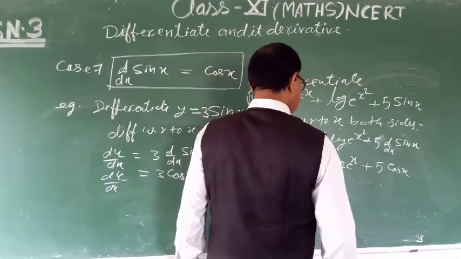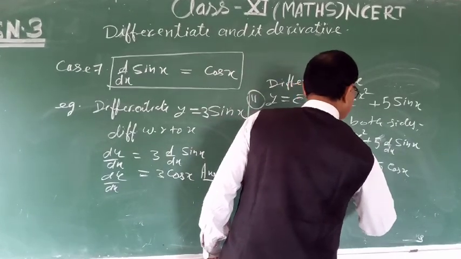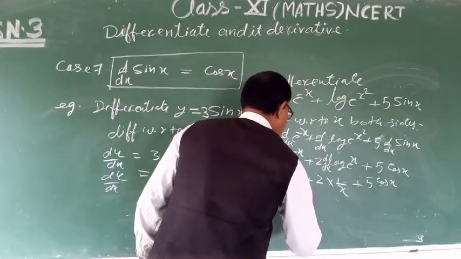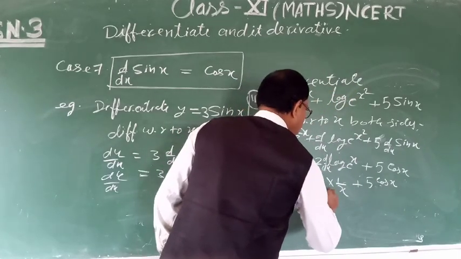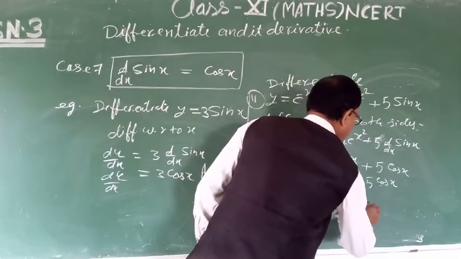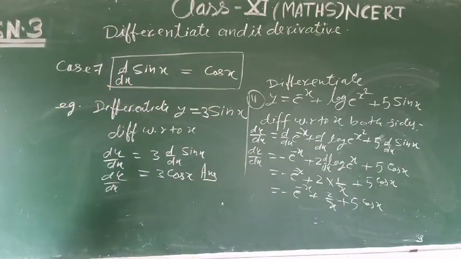Log e to the power x, 1 by x plus 5 cos x. Then we get e to the power minus x, 2 by x plus 5 cos x, which is the answer.